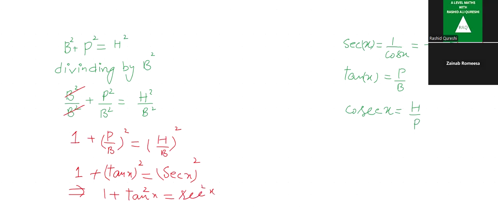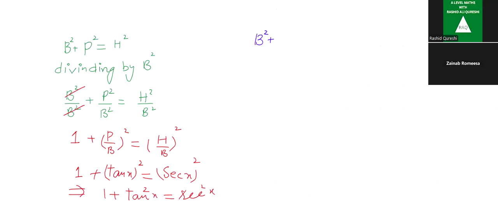Similarly, you have to apply another result over here. What is the other result? Because I have to solve the parallel question over here. The same concept you have to apply. I will solve it with the help of the blue marker, just like this one. The same b square plus p square is equal to h square.